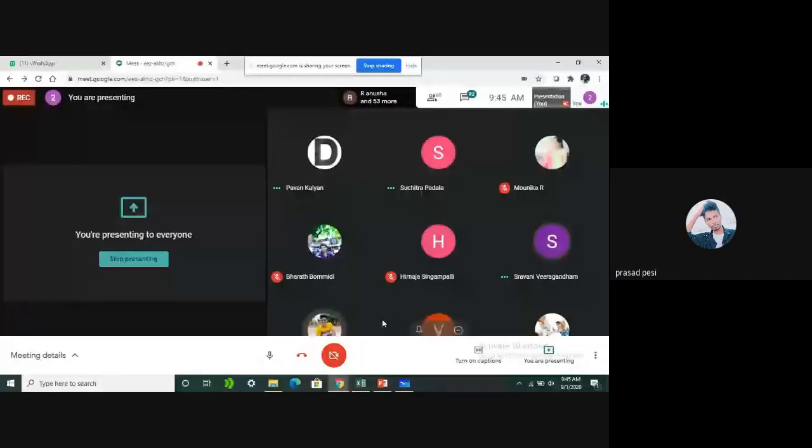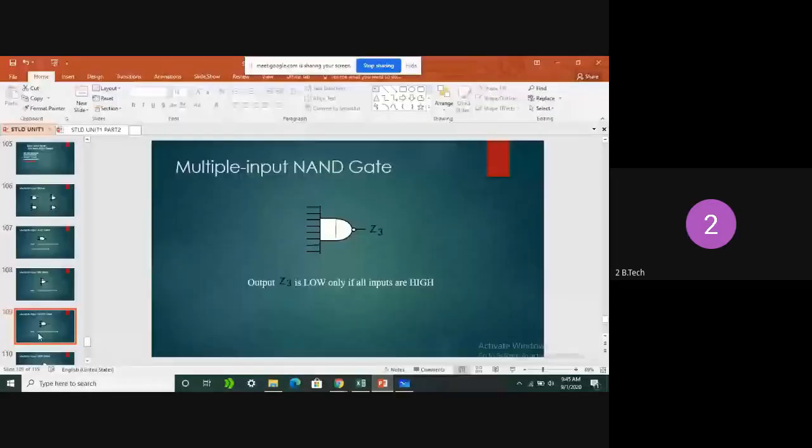Similarly, the NOR gate. What is the purpose of the NOR gate? NOR means NOT OR, the opposite of OR.